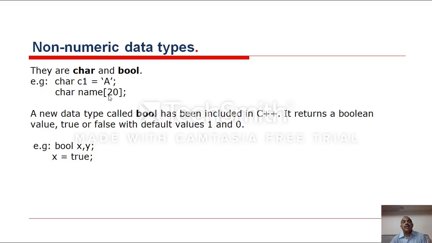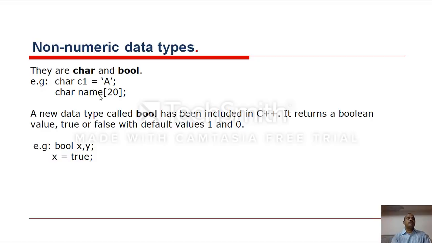Why? The maximum size of name is 20, with indexes 0 to 19. Lower bound value equals 0. Upper bound value equals n minus 1, so 20 minus 1 equals 19. We can store 20 characters in the name memory location. Clear, all of you? Then name occupies 20 blocks of memory, each block occupying 1 byte, in contiguous memory blocks.